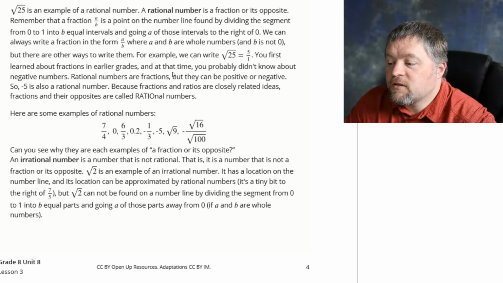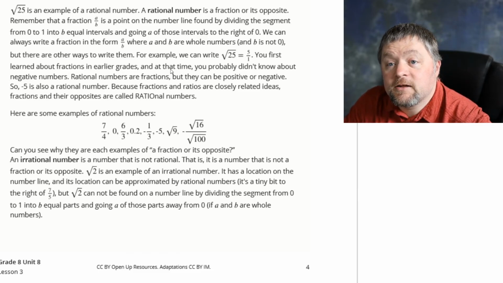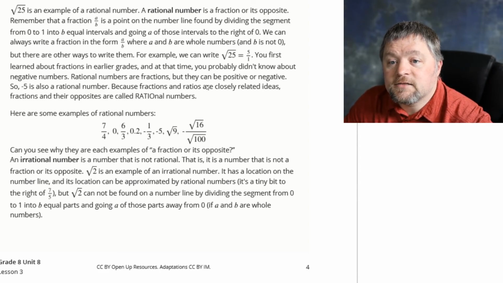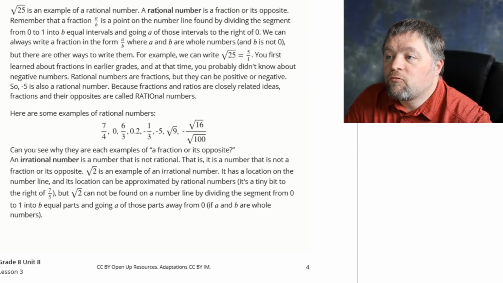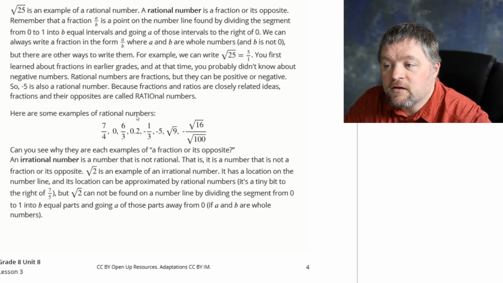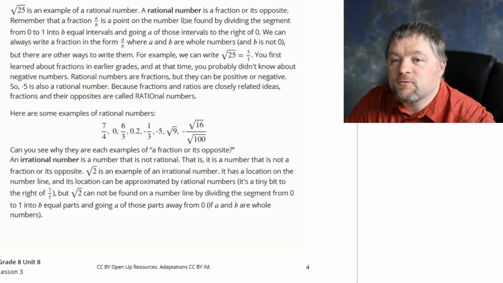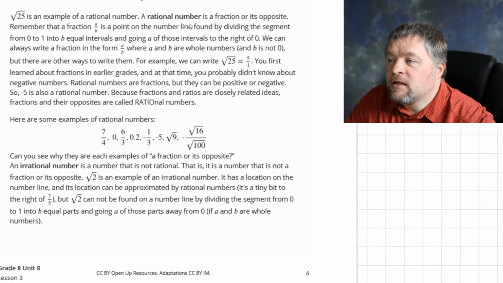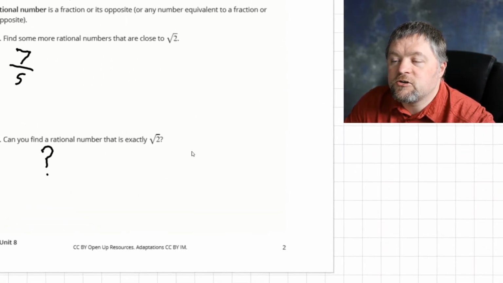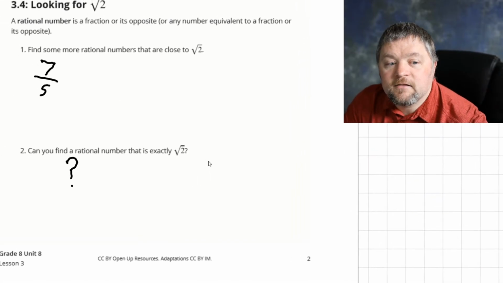So the important thing to remember, and something we're going to be dealing with a lot more as we progress in this unit, is rational numbers and irrational numbers. The square root of 2 is an irrational number. It is not a number we can write as a fraction. So when we are working with the square root of 2, this is one of those nice times where your math teacher is going to encourage you to be lazy.